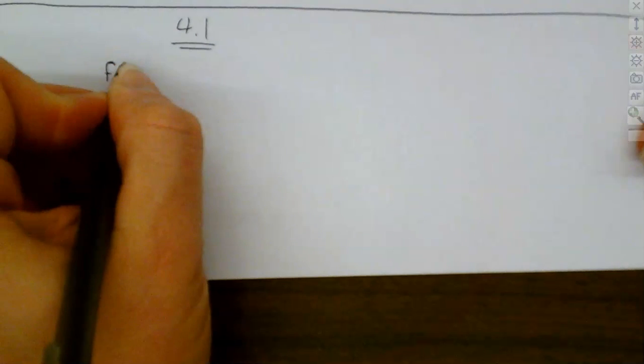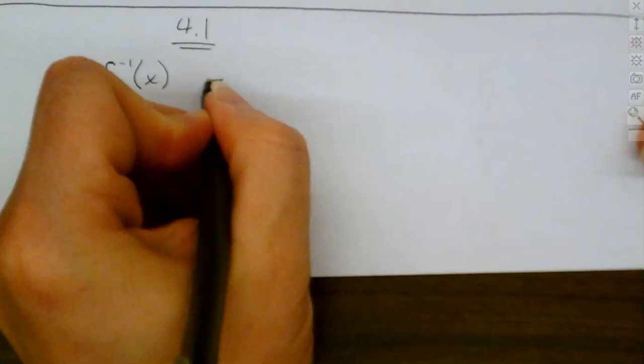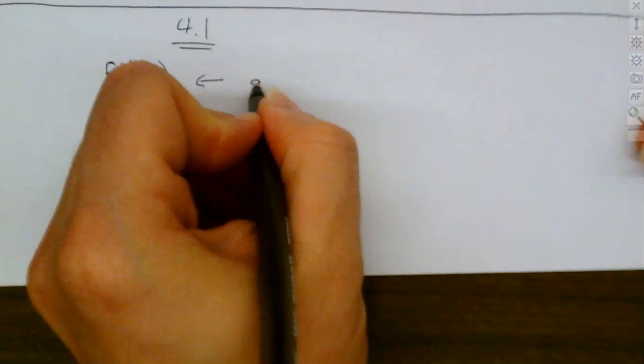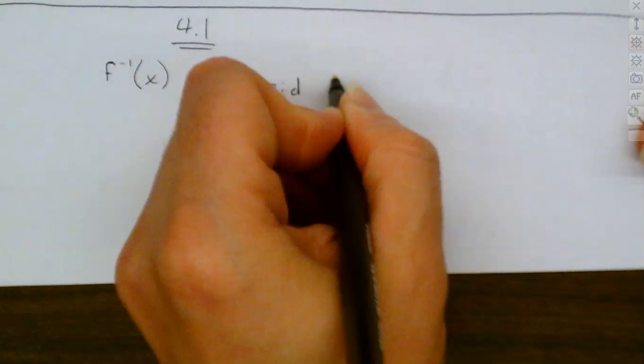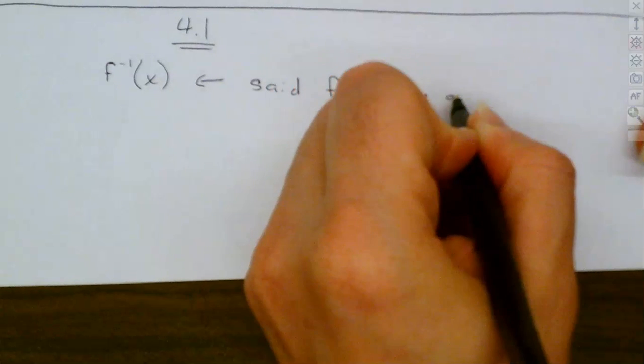And 4.1 is inverses. And some functions have an inverse, some functions do not. And if you say this, f with a negative 1 here, that is said f inverse of x.